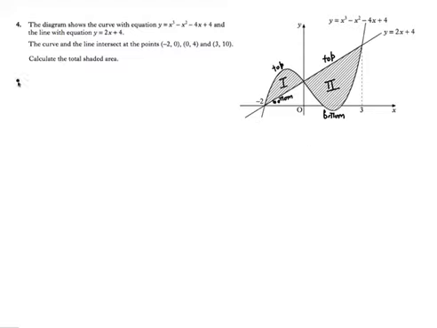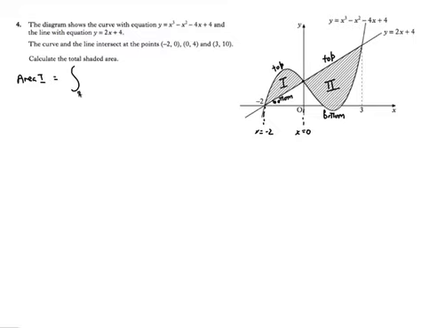So let's first of all find area 1. Let's set up the integral. The integral from minus 2 to 0. There's your x equals minus 2, and there's your x equals 0.